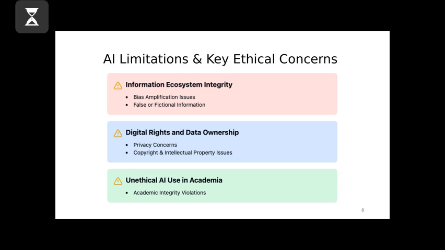So if we were to ask AI to generate an image or information for us, it may actually generate a biased response that may not reflect the realities of our society. So we need to ask ourselves, do we want these biases and hallucinations to shape our information systems? If not, how can we deal with these? So this is the first and very important limitation and key ethical consideration for AI systems.